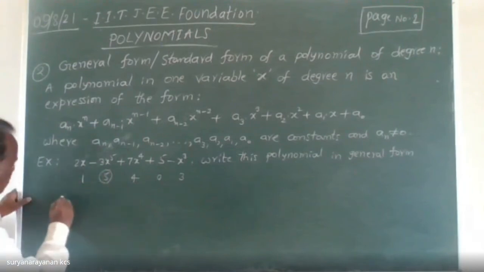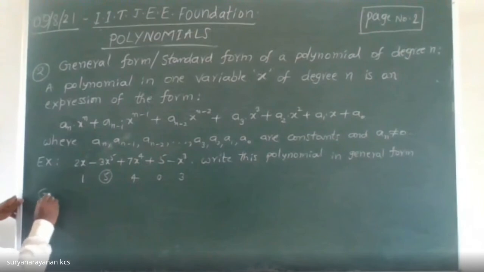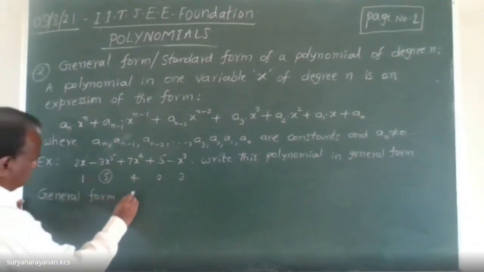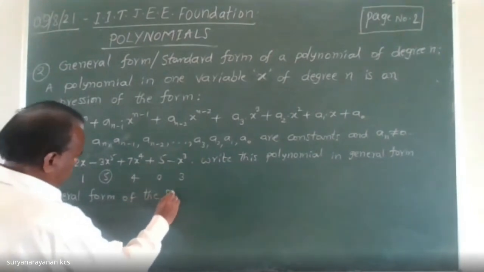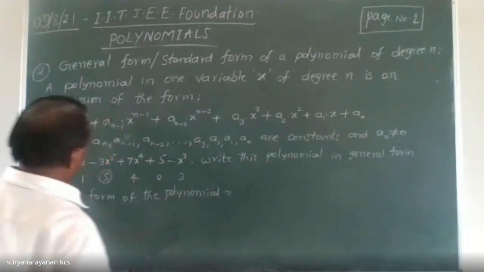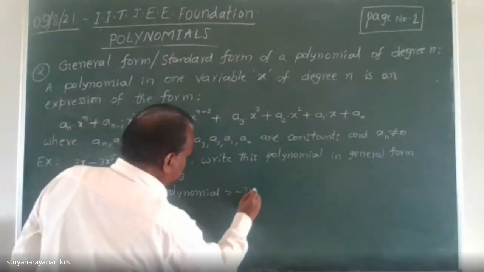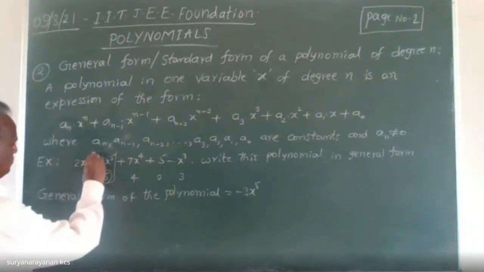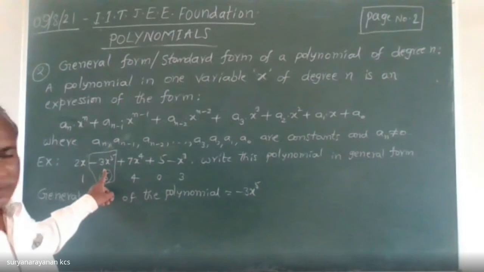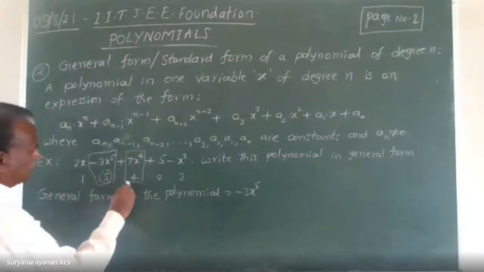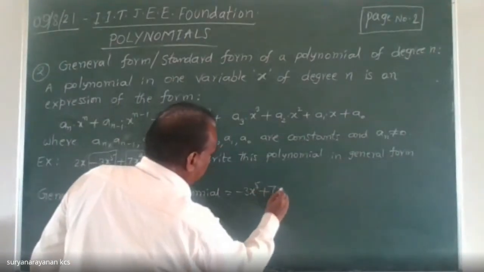So, minus 3x power 5. First we have to write this term. What is the next one? Next highest number is 4, so we have to write this term: plus 7x power 4.